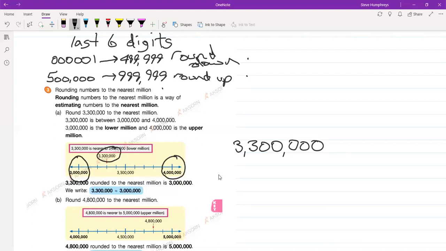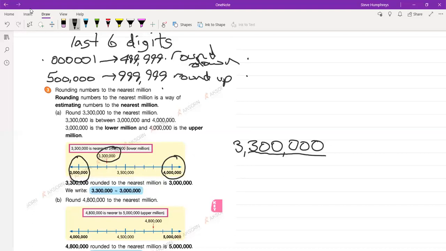And we're looking at the last 6 digits. The last 6 digits are 300,000. It'll be in that range between 1 and 499,999.